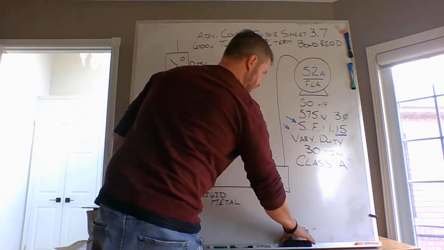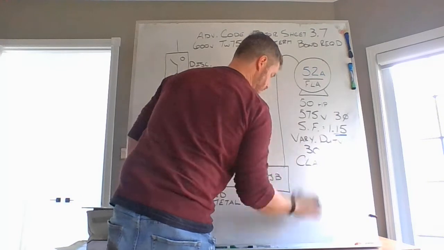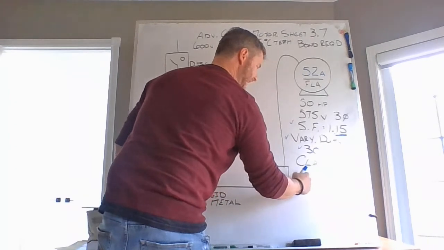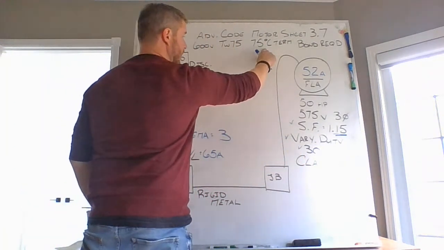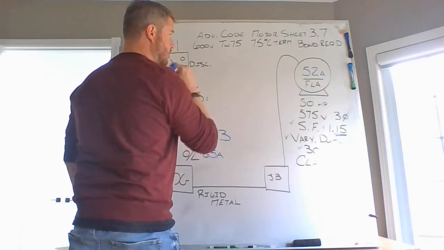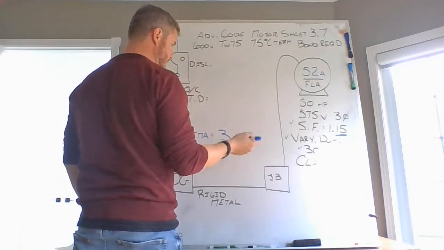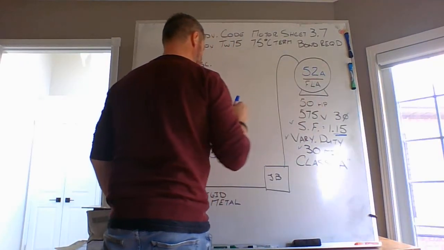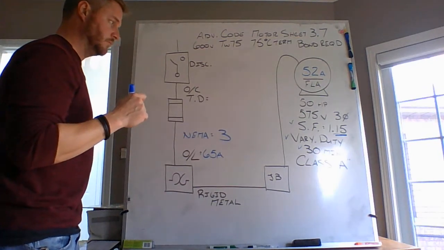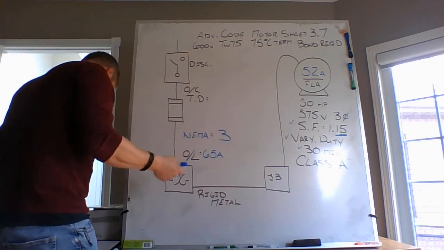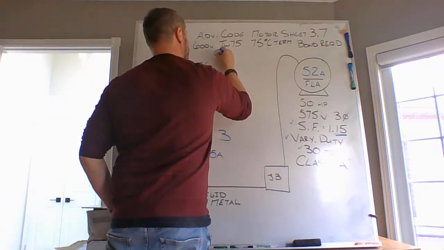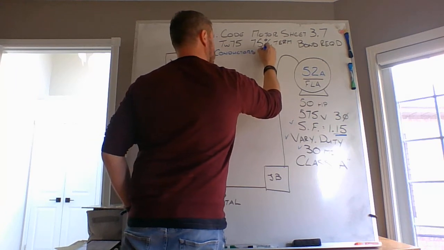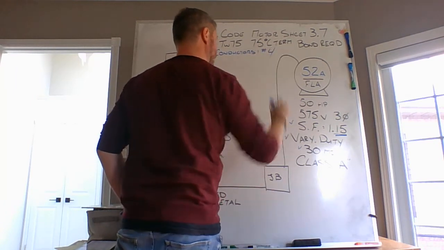So we've checked off service factor, varying duty, 30-minute rating, Class A, that takes into consideration up here. 75 degrees Celsius termination ratings, you're using TW 75 degrees Celsius conductors. 50 horse, 575, 3-phase, 52 amps as your full load current rating. So your conductors are going to be number 4, good for 85 amps.